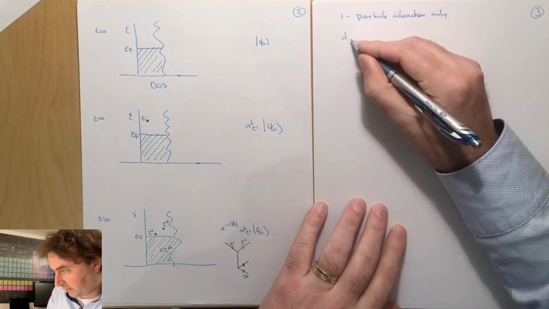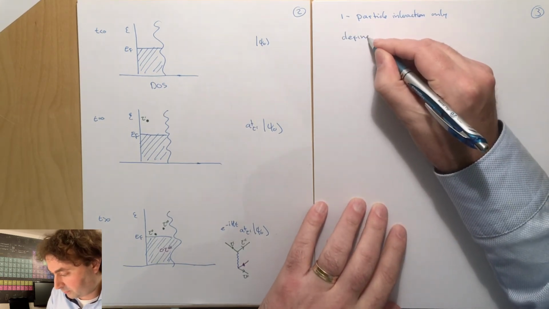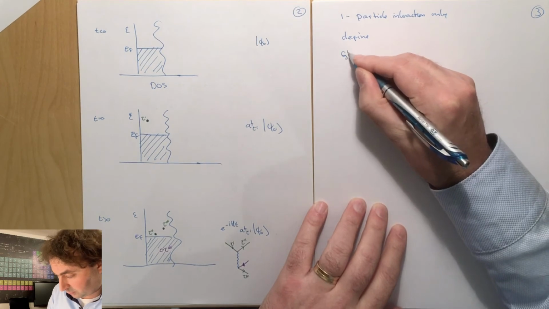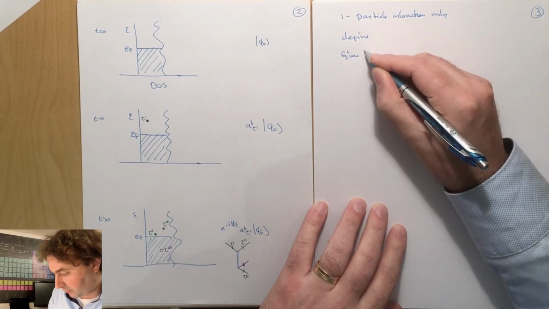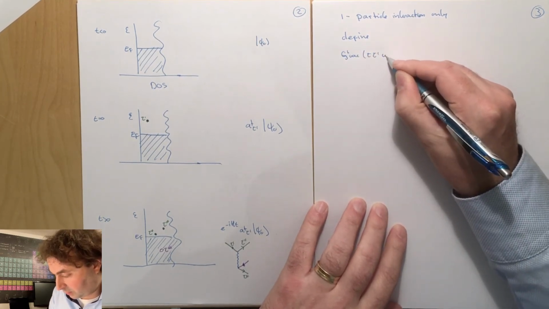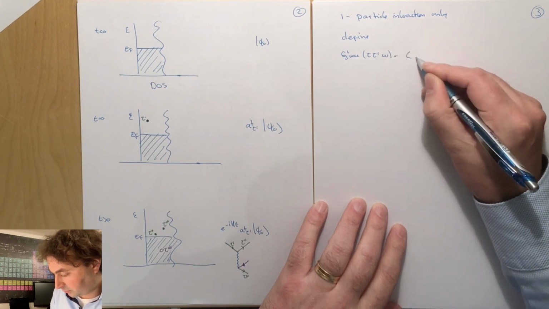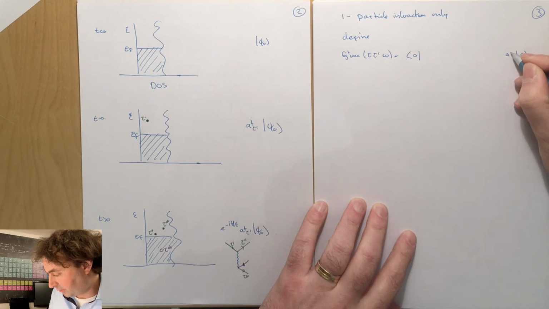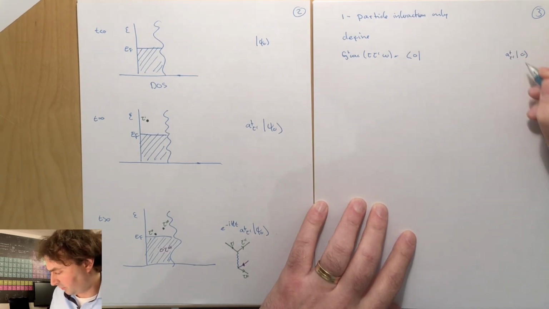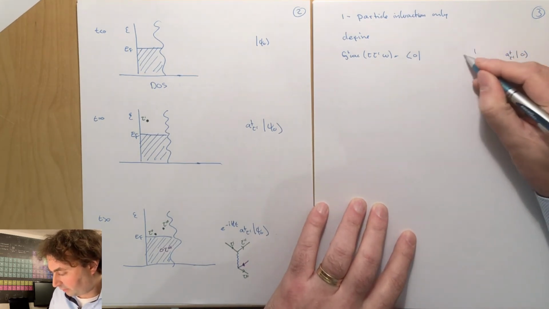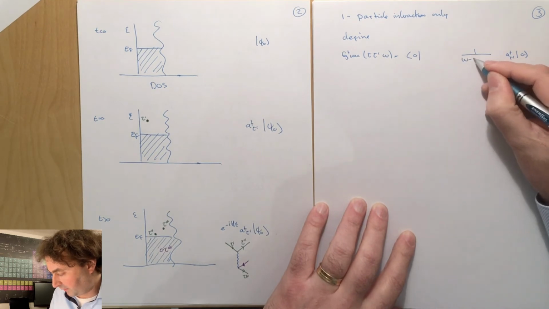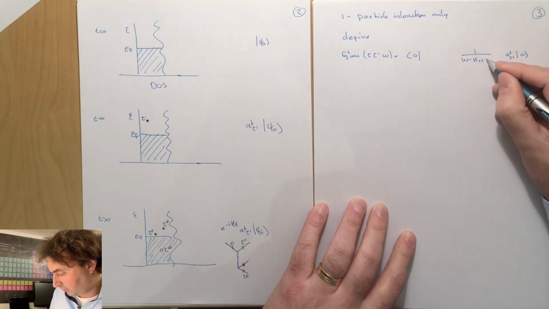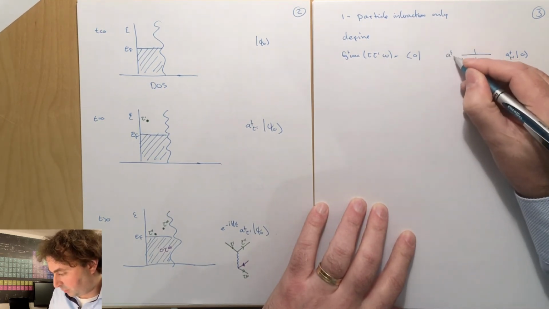We're going to define the vacuum Green's function. G plus of the vacuum, tau prime, omega, is given by 0, and 0 is really the vacuum. We have no electrons in our system. We create a particle, we let it propagate, and we annihilate the particle.